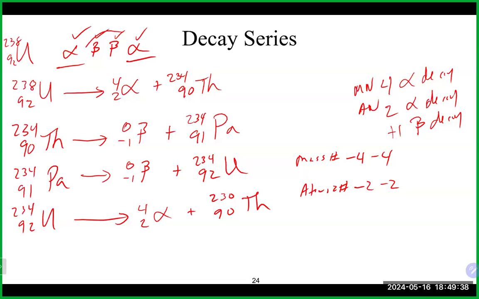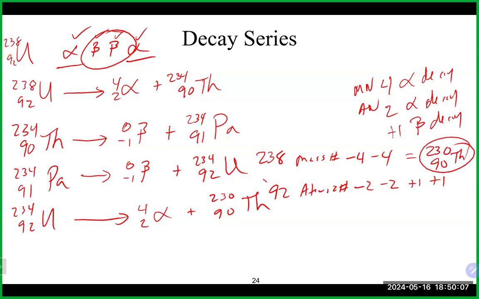Now we also have a couple of beta particles, which means from our atomic number we need to add 1 back each time. So we started at 238 and 92. 238 minus 4 is 234, minus 4 more is 230. 92 minus 2 is 90, minus 2 is 88, plus 2 is 90. And that is where we ended up.